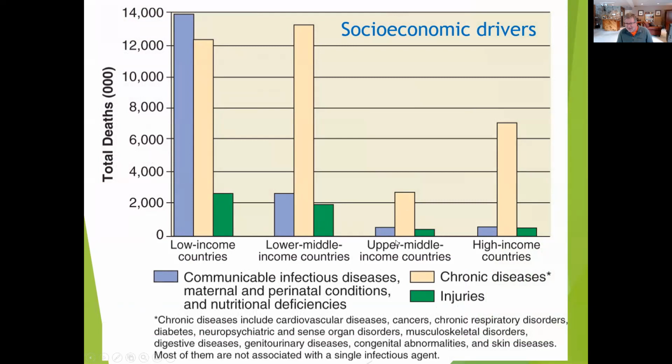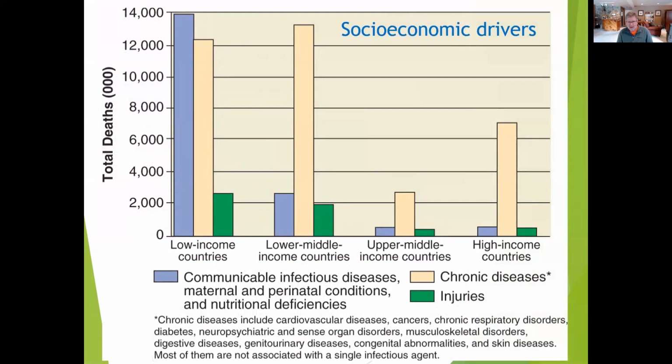Costa Rica might be here. Brazil might be here. And so we're looking at, in blue, the communicable infectious diseases. In yellow, chronic diseases, which we define down here. And green, deaths due to injuries.